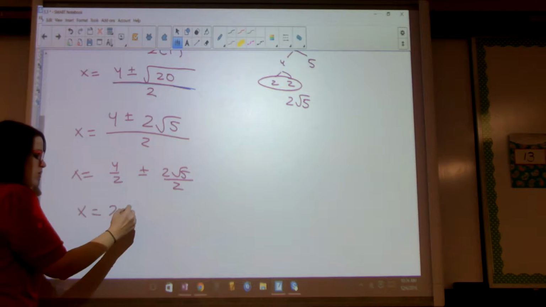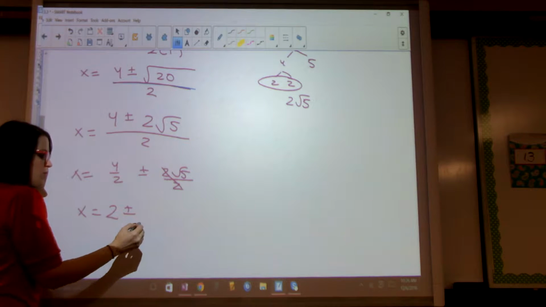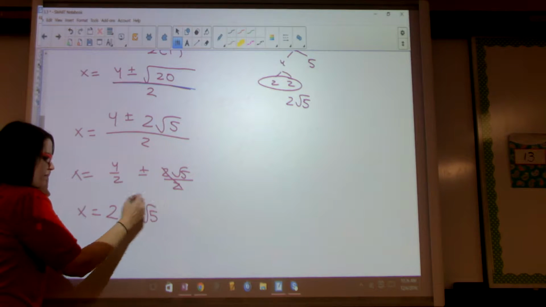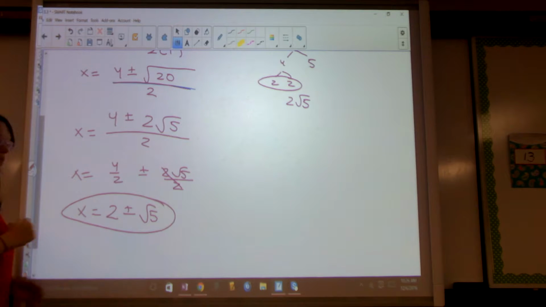That will give me 2 plus or minus, those reduced to be 1, square root of 5. That is my answer. Now you can type in and get decimals, because sometimes handouts or activities you do will have decimal answers. That's okay. I will always want these. You could take it a step further and find decimals, but you have to have this first. Okay? Questions?